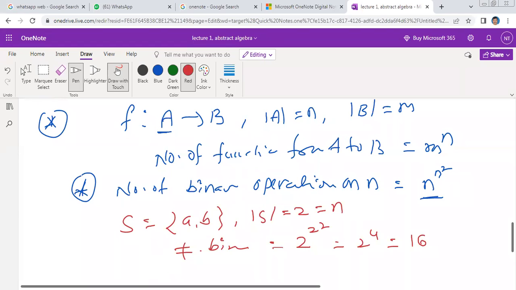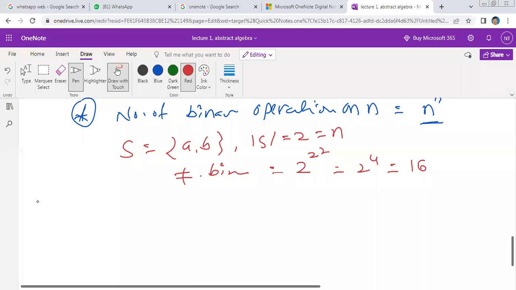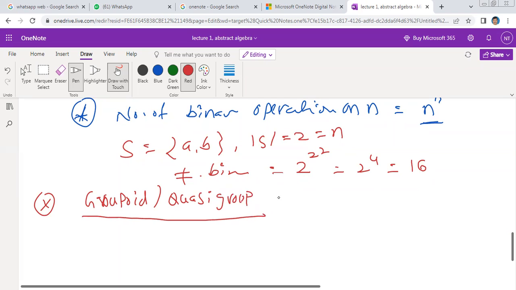Now let's go to the basic definitions. Before defining a group, what is a groupoid? Groupoid, or quasi group. It is called a groupoid or quasi group.